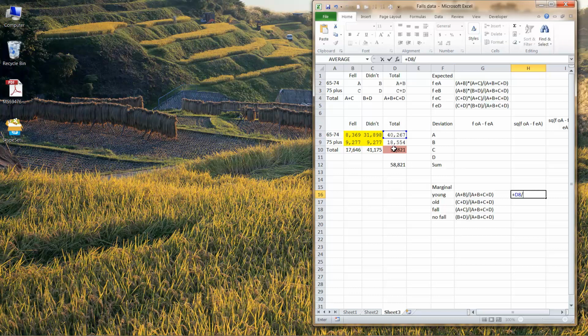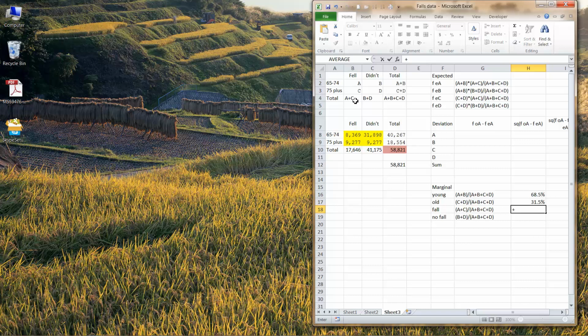So if we want to calculate these, A plus B divided by total, 68%, 68.5 technically, C plus D over our total, 32%, or 31.5. Those add to 100, as you can see.